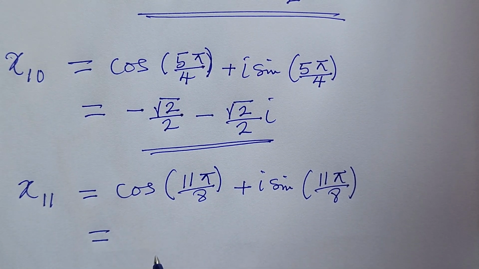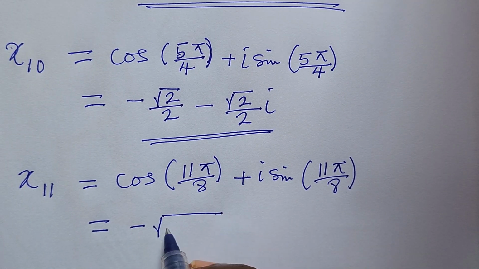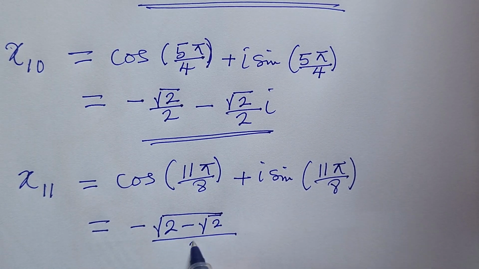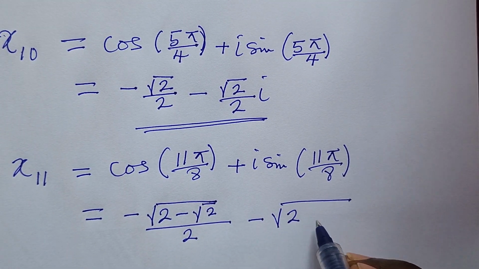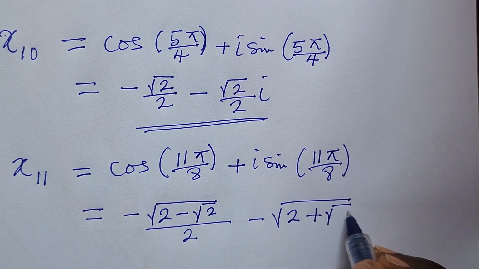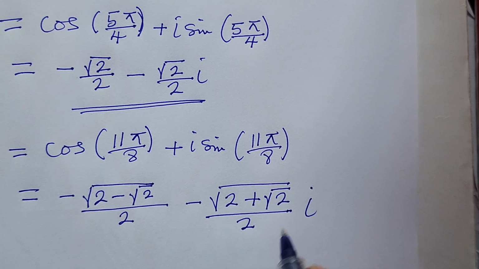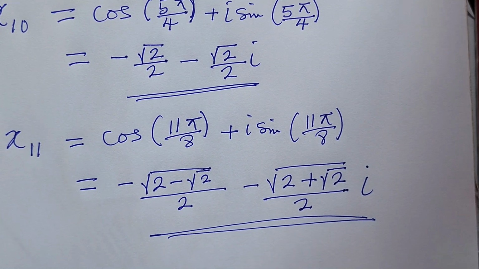The numerical value to this will give us minus the square root of (2 minus the square root of 2) all over 2, then minus the square root of (2 plus the square root of 2) all over 2 iota. Again, we've gotten our 12th root.